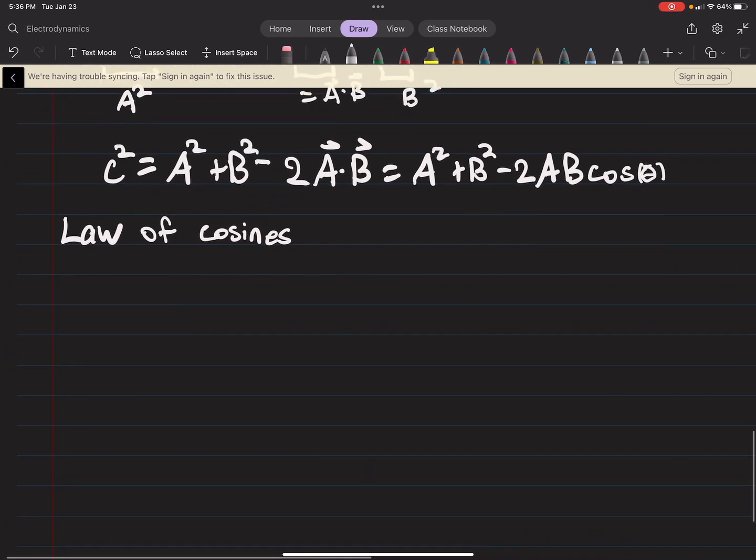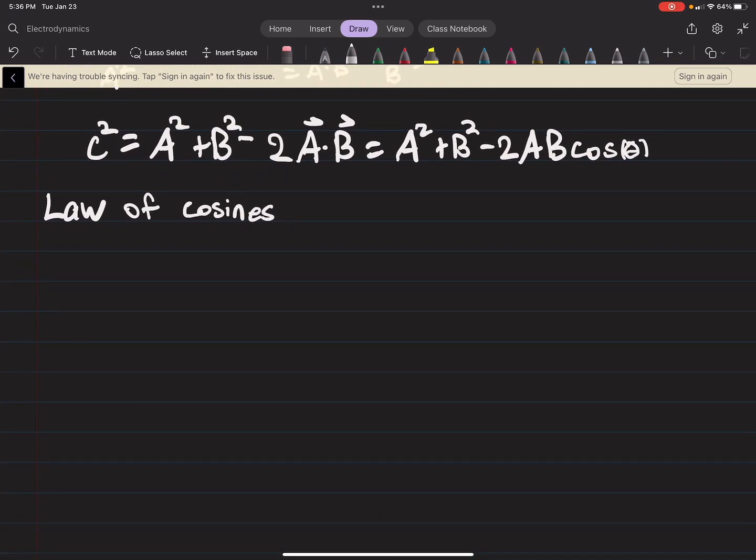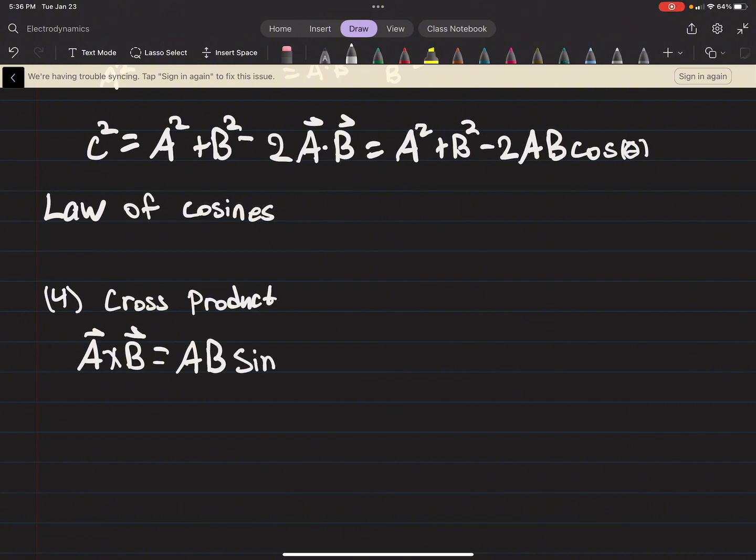There's one last type of vector operation that's worth talking about, and that is the cross product. So the cross product between two vectors, call it A and B, is the magnitude of A times the magnitude of B times sine of the angle between them, and then this is known as our normal vector, and it's a unit vector.